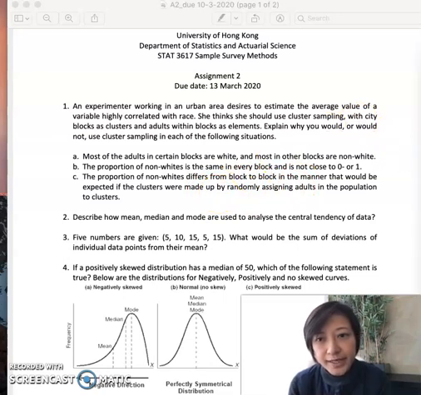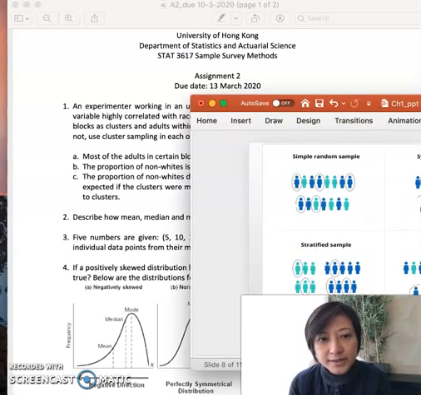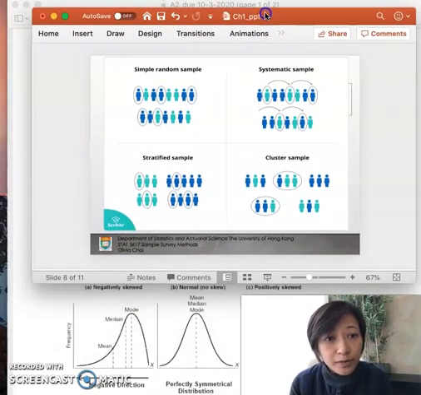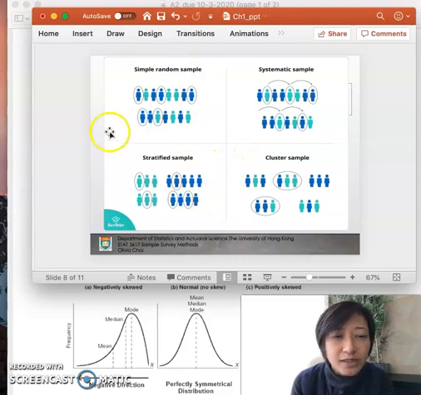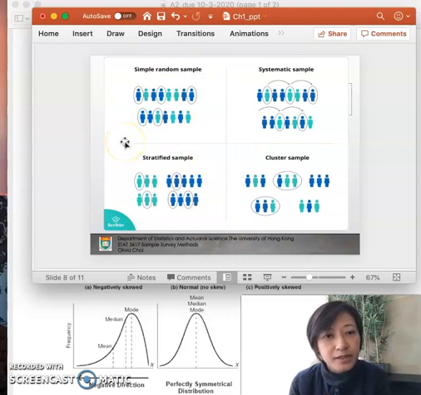So in each case, we can go back to the PowerPoint in chapter 1. You can try to think of whether case A, B, C would fit into this kind of population distribution, and then we choose, if they are randomly distributed in each cluster or group, which sampling we should use.